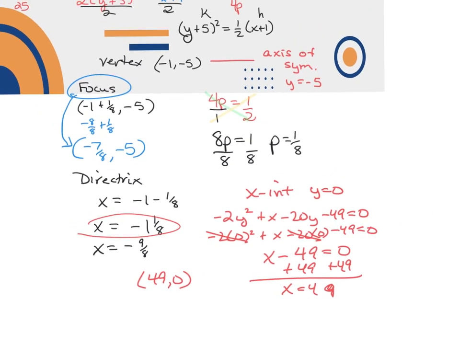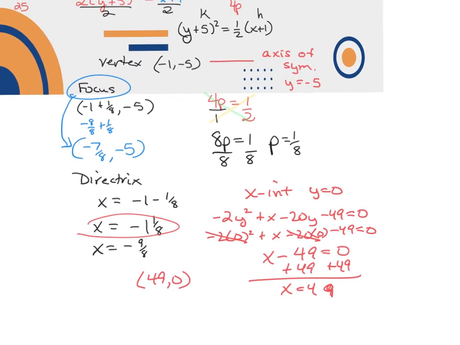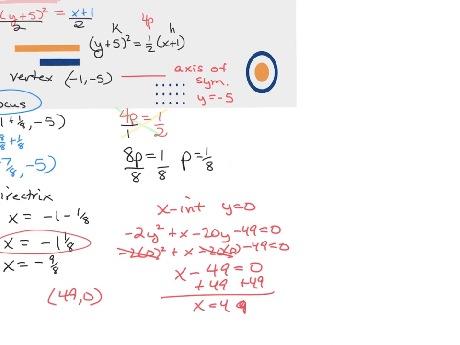All right, so let's go ahead and see if we can get this information onto our coordinate plane. Let me come over here, make my x and y axis. I'll go ahead and graph the vertex first, -1, -5. There's my vertex.